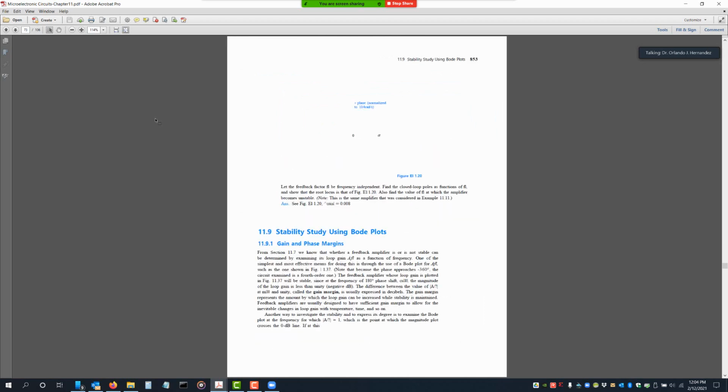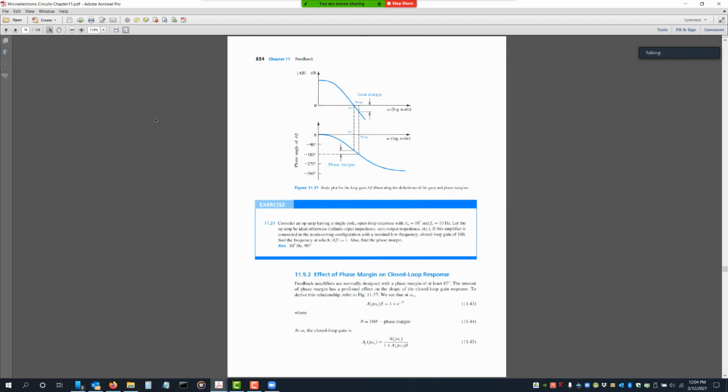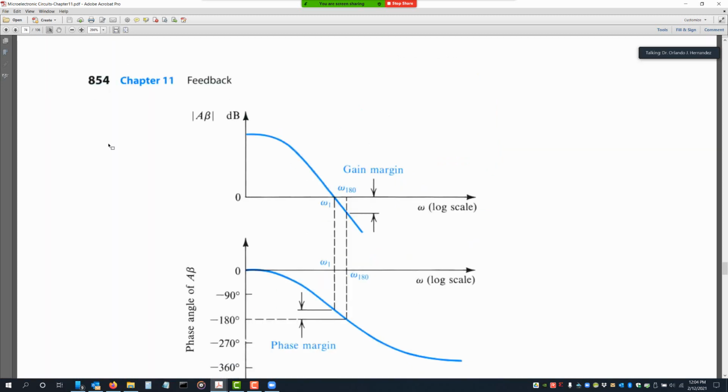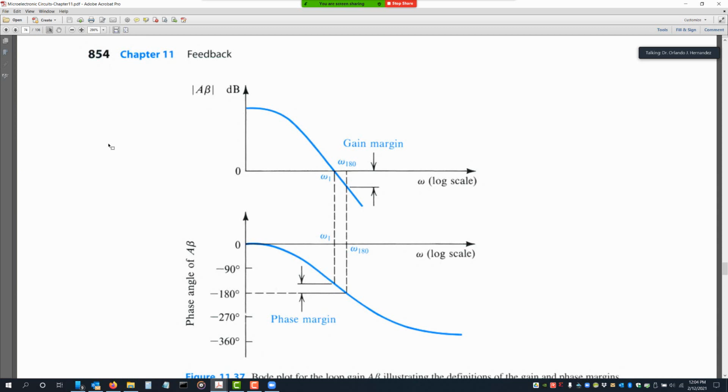So here, these pictures show the concept of phase and gain margins.